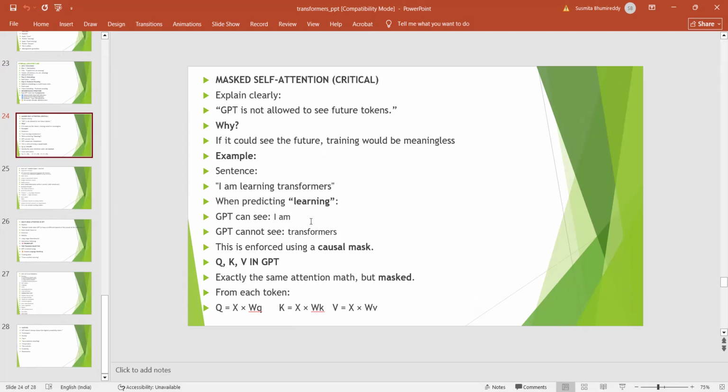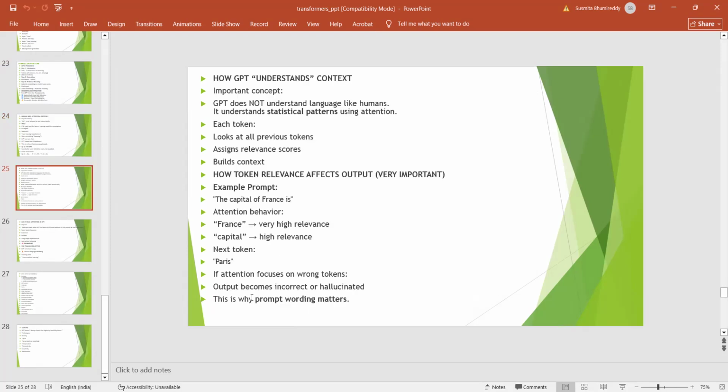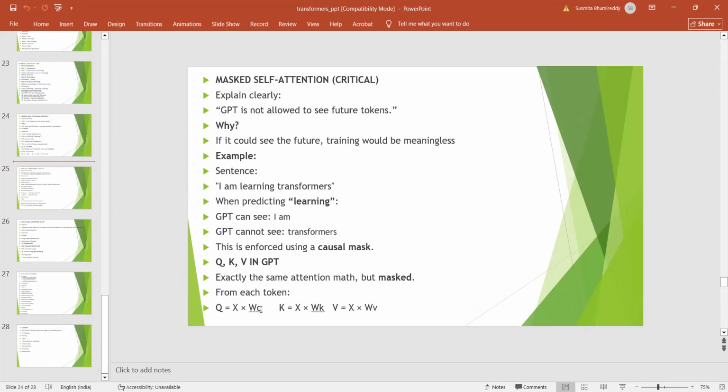When predicting the word learning, it has to use just "I am". It should not see "the transformers". This is enforced using a causal mask. Here also we are taking the query, key, values exactly the same as in attention, but masked here. Same here, we are calculating these weight matrices.